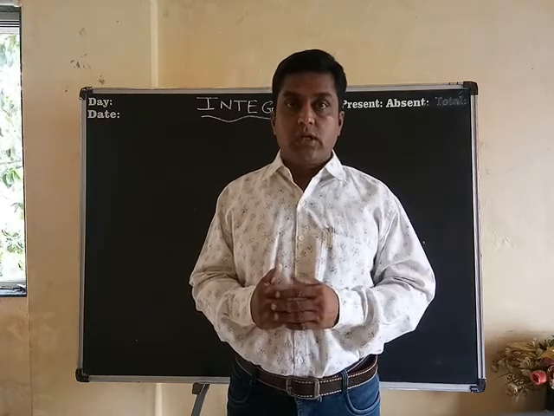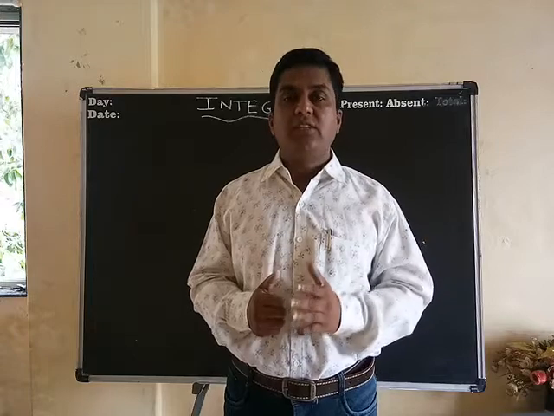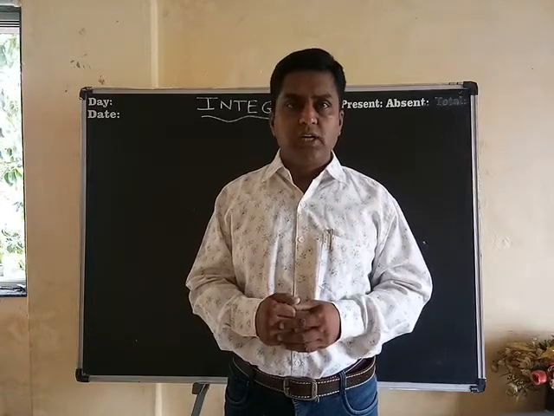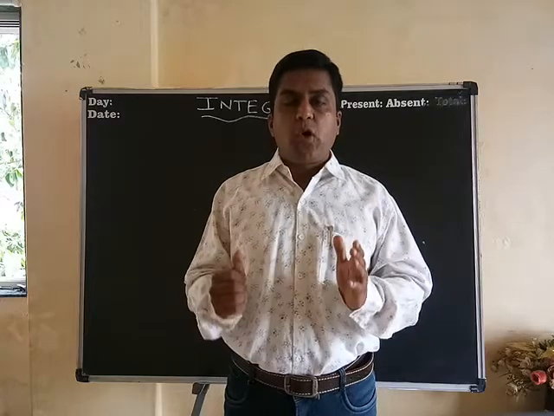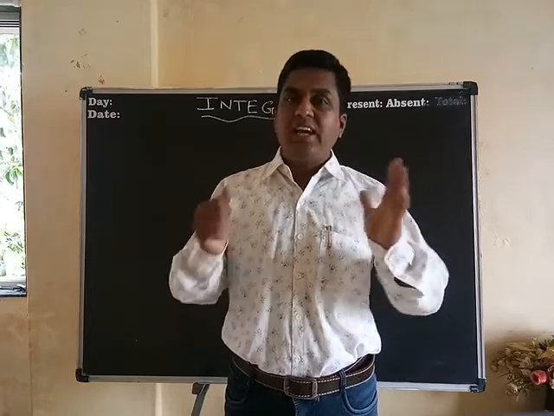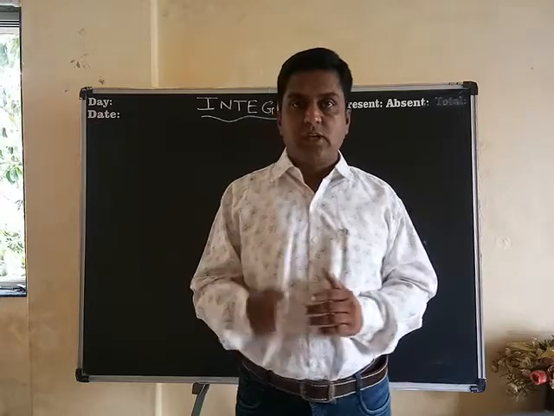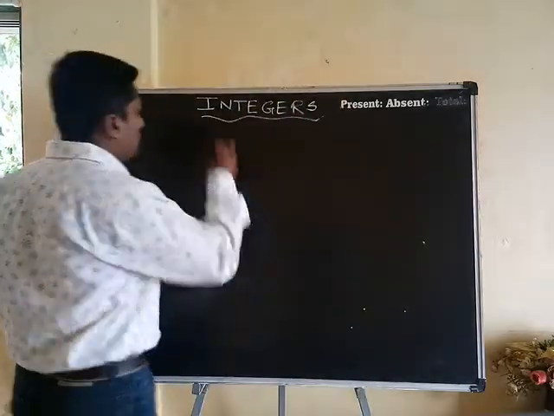Students, last year you have learnt about what integers are. So, just a short revision of what integers are. A group of all positive and negative numbers are called integers.